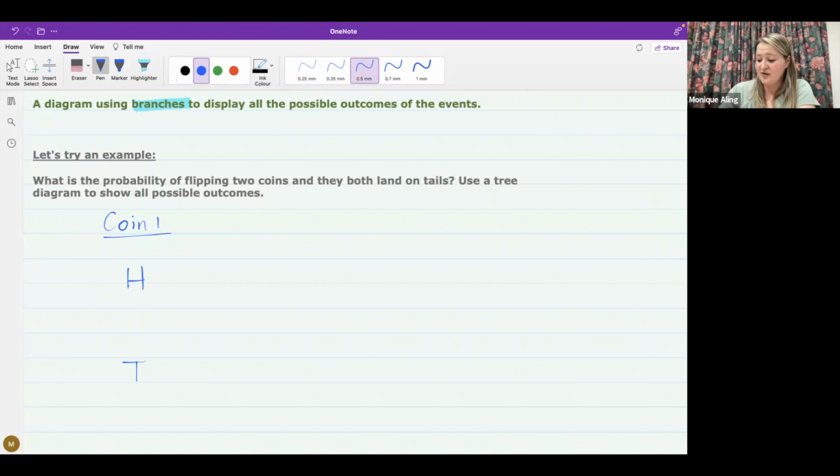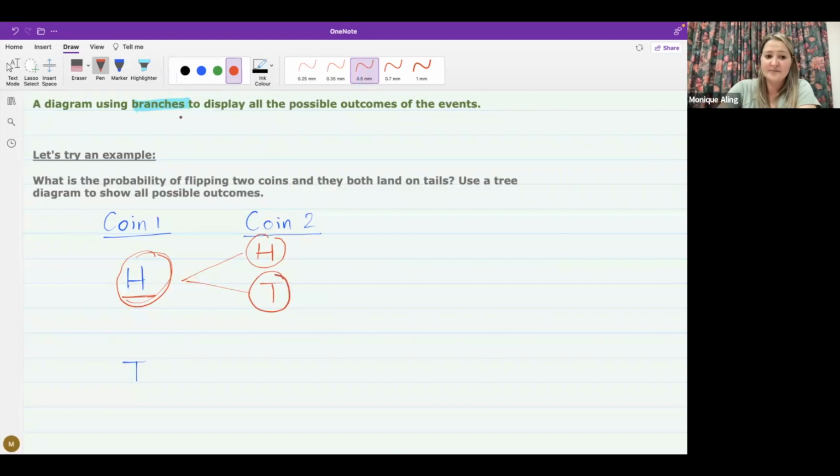Then I'm going to look at coin two. So let's say, for example, I've thrown coin one and it's landed on heads. Now I'm about to toss coin two. Coin two can either land on heads or tails. So I could have an option of heads and heads, or heads and then tails.